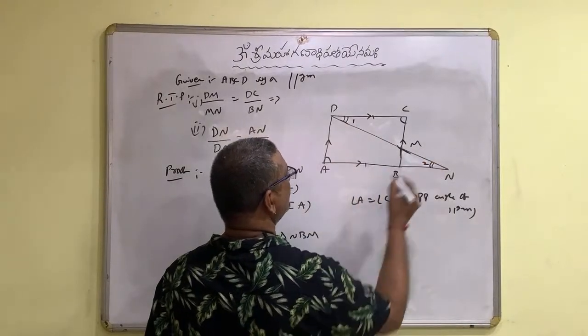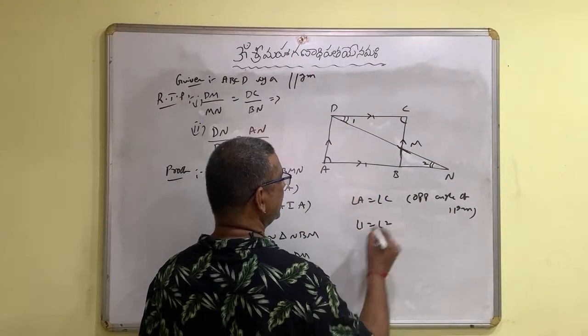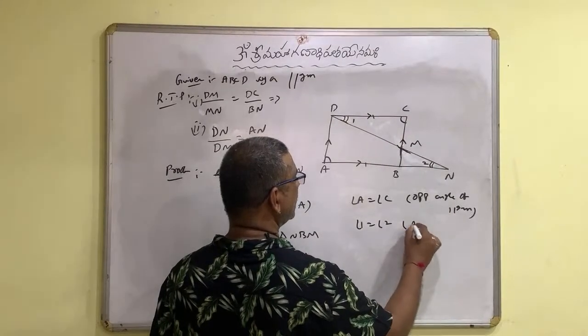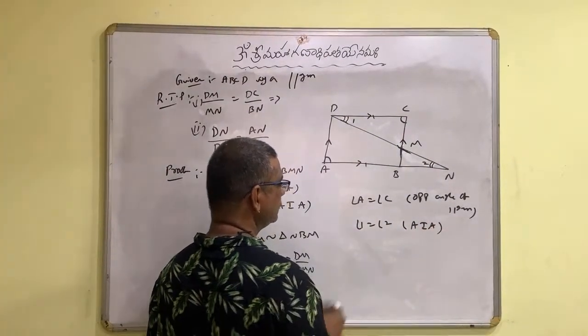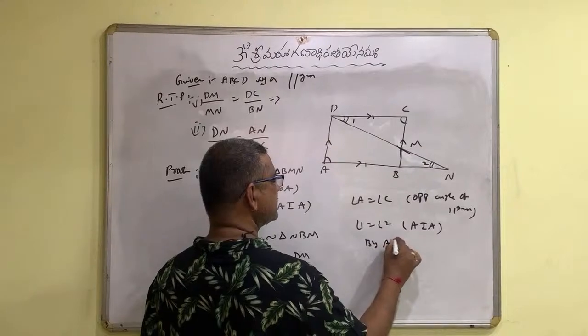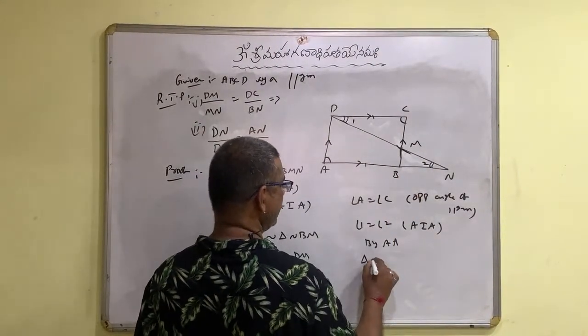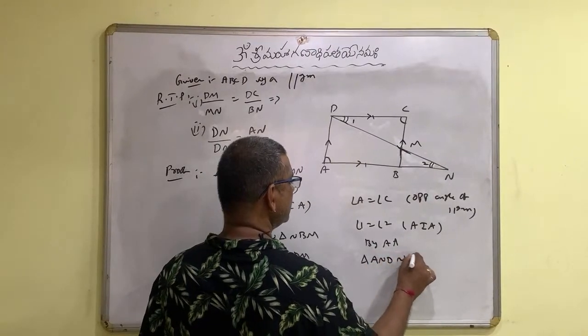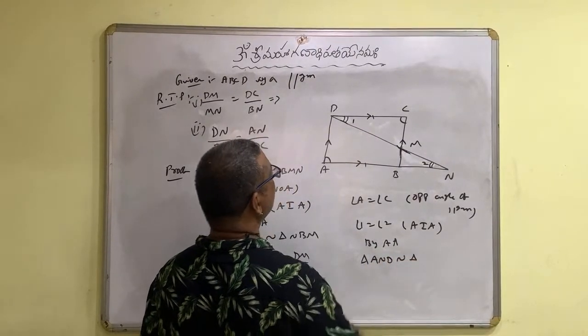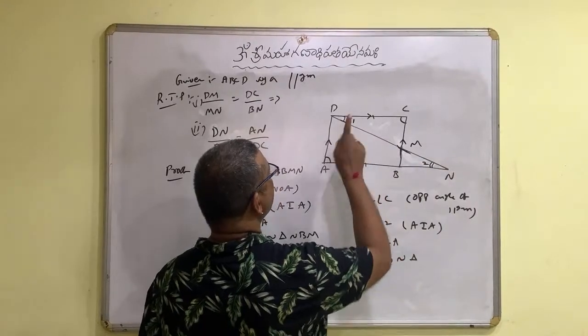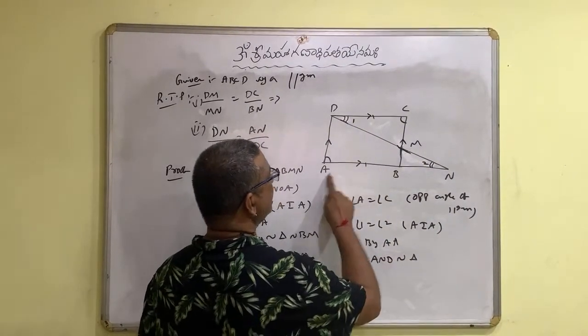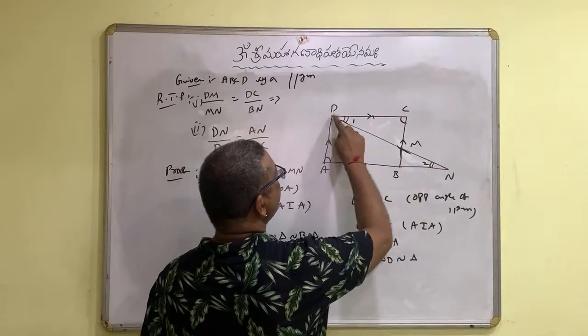Let it be 1 and 2. Angle 1 is equal to angle 2, alternate interior angles. So by AA similarity, triangle AND is similar to triangle CDM.